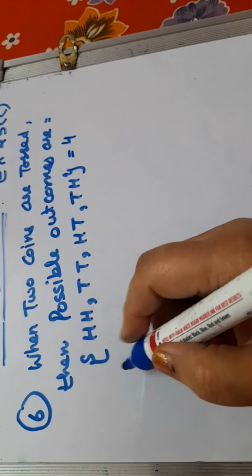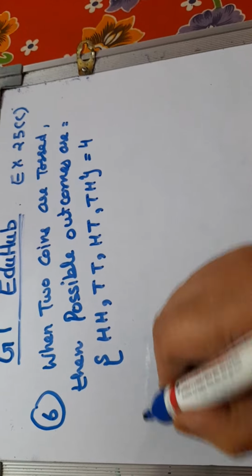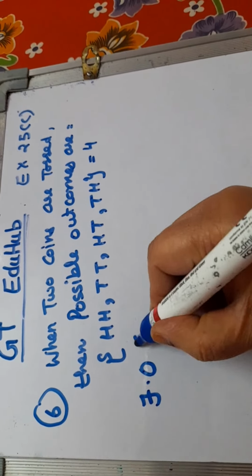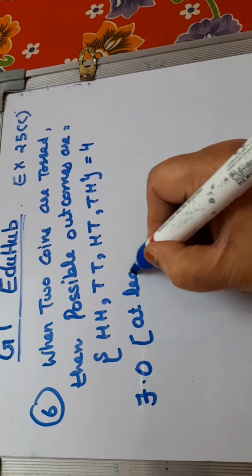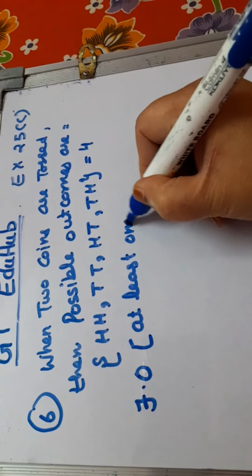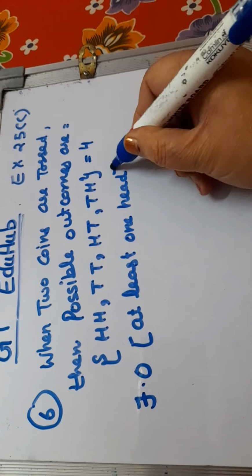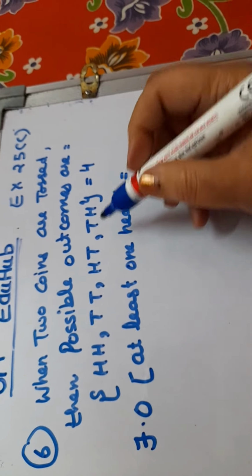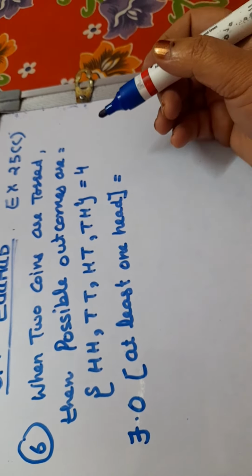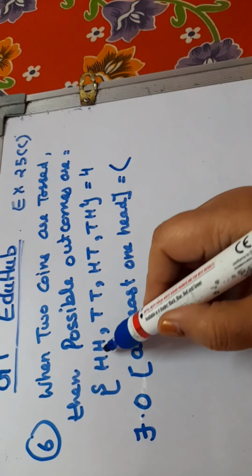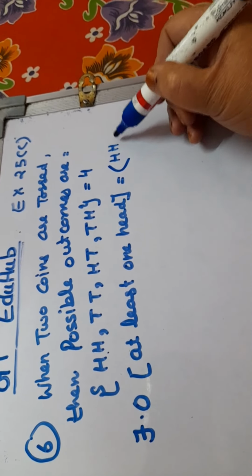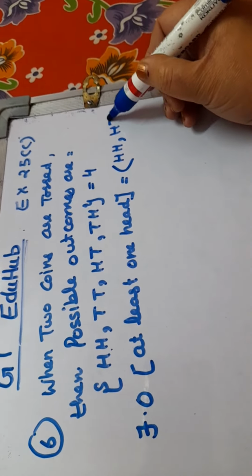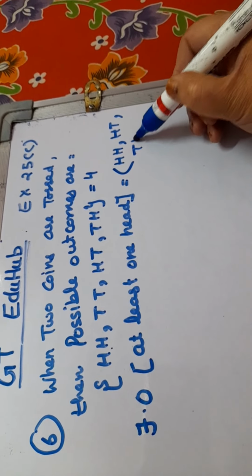Now we have to find probability of at least one head. So favorable outcomes for at least one head will be: at least one head means we must have at least one head or more than one head. So we can have two heads, we can have one head here and we can have one head here.